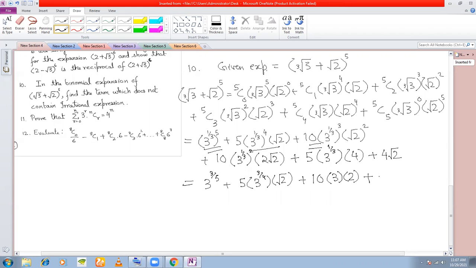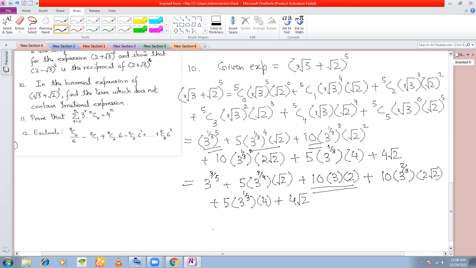Plus, and you write the other terms. This is also fractional, this is also irrational. Plus 5 into 3 to the power of 1/3 into 4 plus 4 root 2. Except this term, all others have irrational terms.